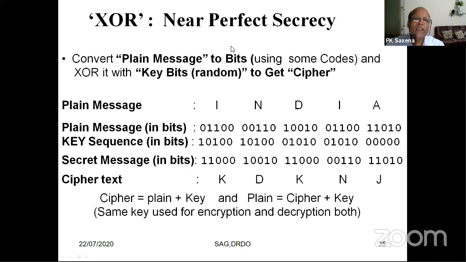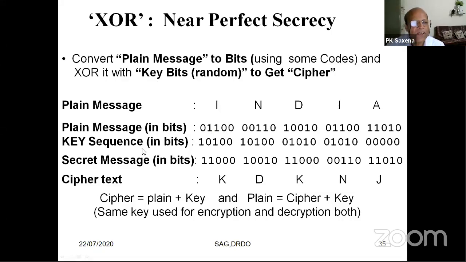So as I've told, these binary sequences play a significant role. Let's look at this example. For this plain message, suppose I use this 5-bit coding. So each letter is represented by a 5-bit code. The information has been converted into bits, and groups of bits are taken.